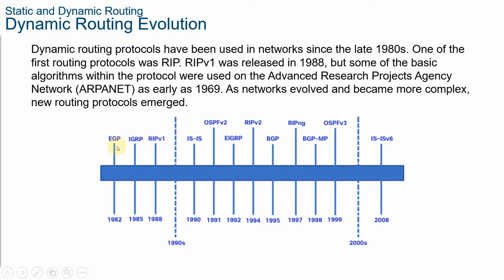RIP version 1 was released in 1988, but some of the basic algorithms within the protocol were used in the Advanced Research Project Agency Network, or ARPANET, in early 1969. As networks evolved and became more complex, new routing protocols emerged. The RIP protocol was updated to RIP version 2 to accommodate growth in the network environment.